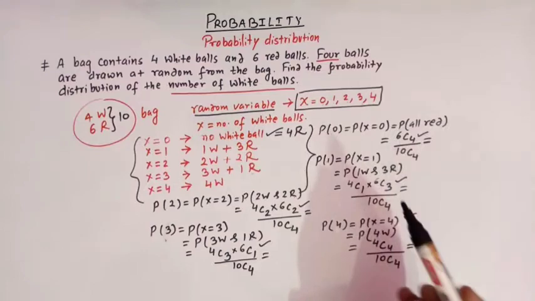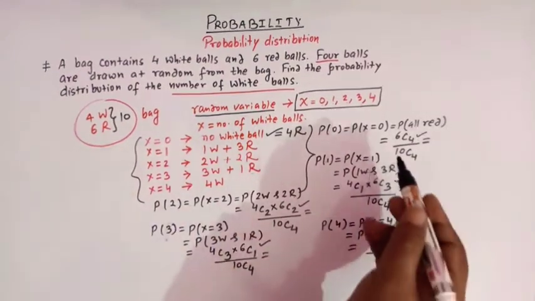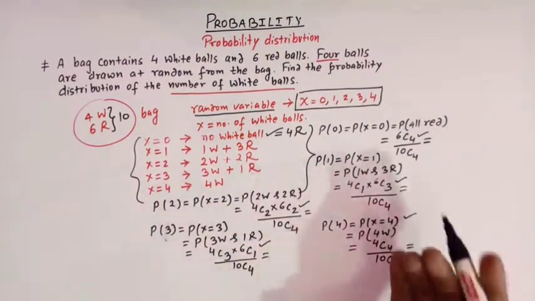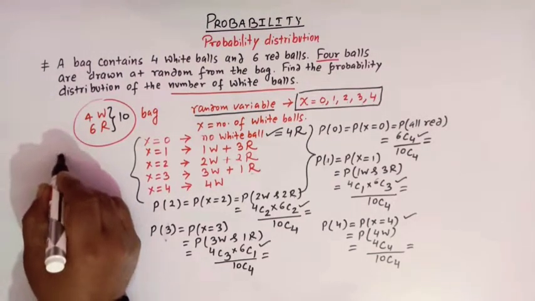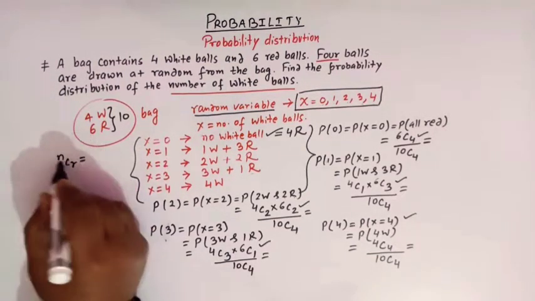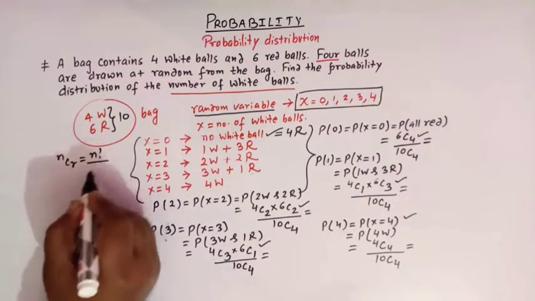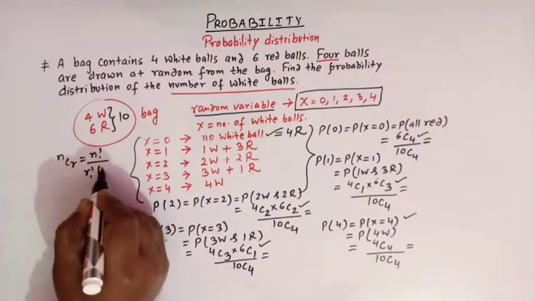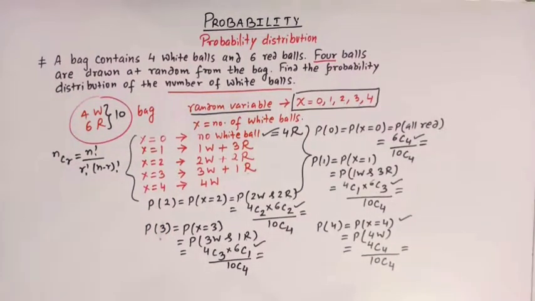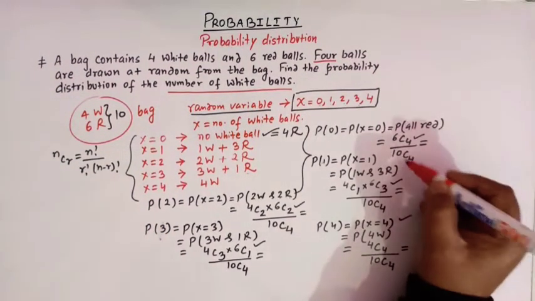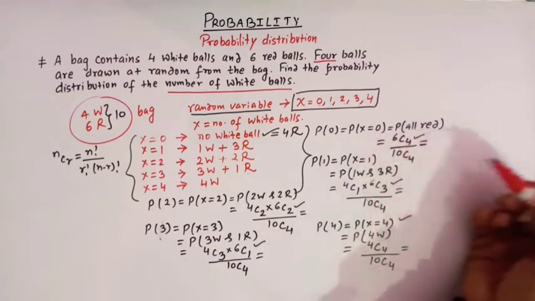So here we will use the formula for the combination, that is nCr. So nCr is n factorial over r factorial times n minus r factorial, right? So now let us solve these quantities one by one.